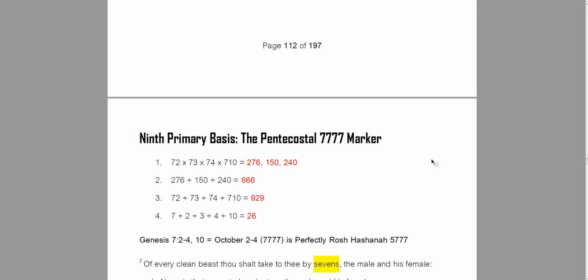since this video is still not long enough, I'm going to merge with the 9 primary bases about the Pentecostal 777 marker. I mean, the 7777 marker.